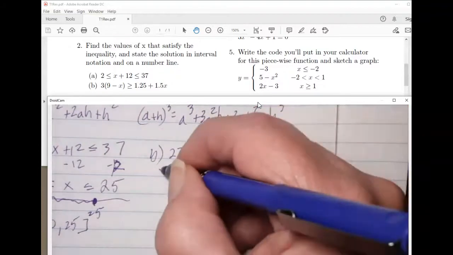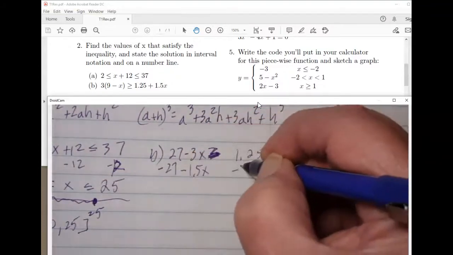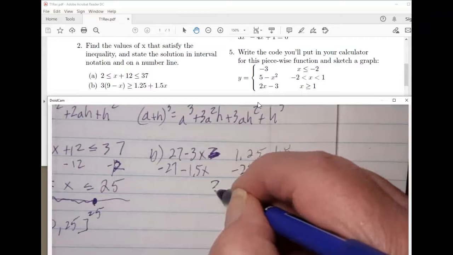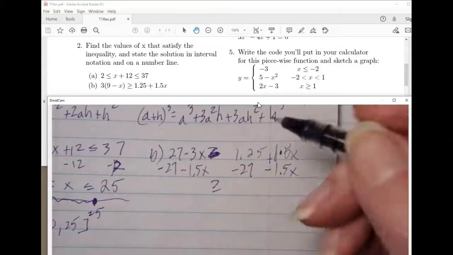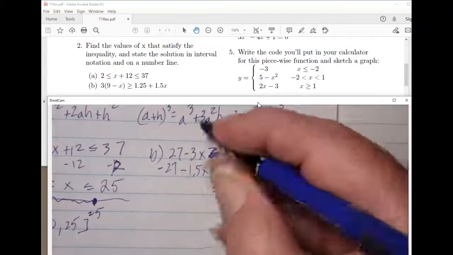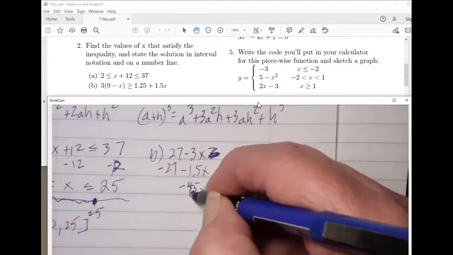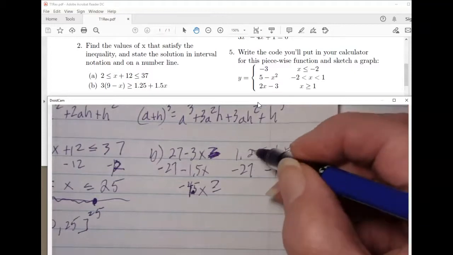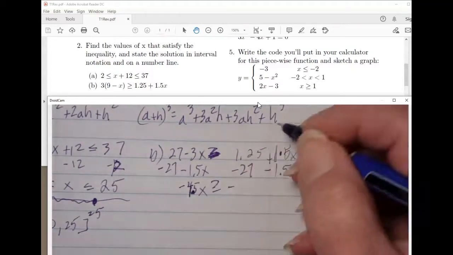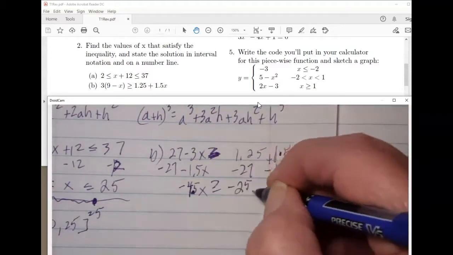And that means I want to subtract the 27 from both sides. Greater than, I haven't divided by a negative, so I don't have to change that. So negative 3 minus 1.5 gives me negative 4.5x. And then we have negative 27 plus 1.25 gives me negative 25.75.